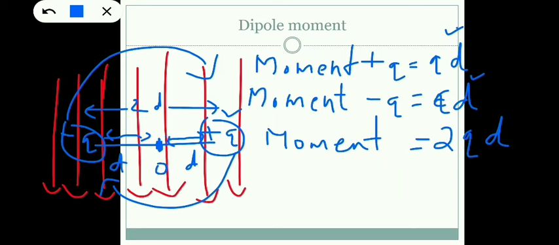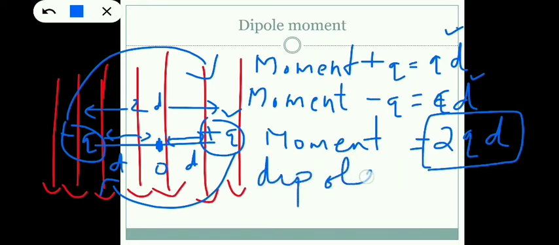You know, plus q and minus q charge constitutes an electric dipole. So the moment created by this system means the moment created by a dipole. So this expression 2qd is nothing but our dipole moment or moment of dipole.